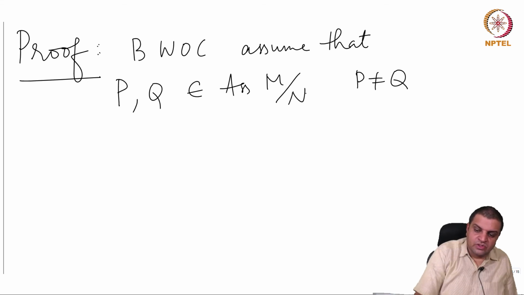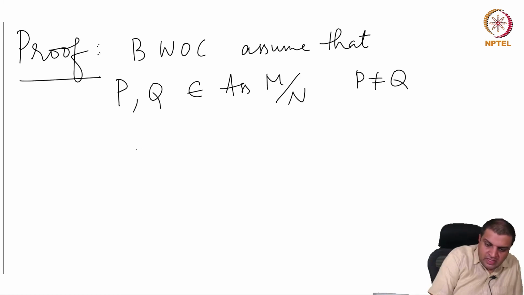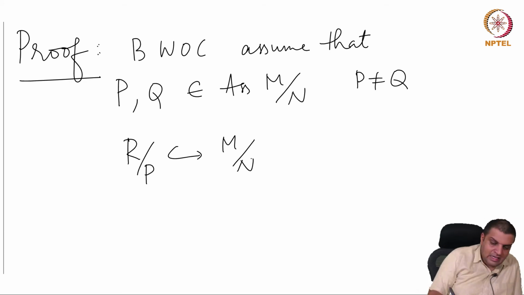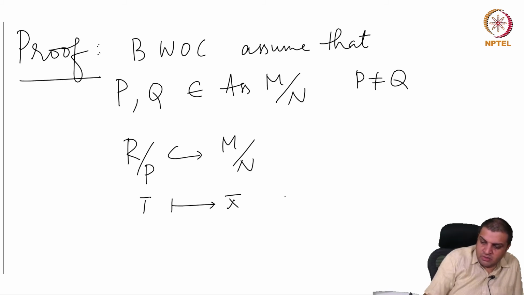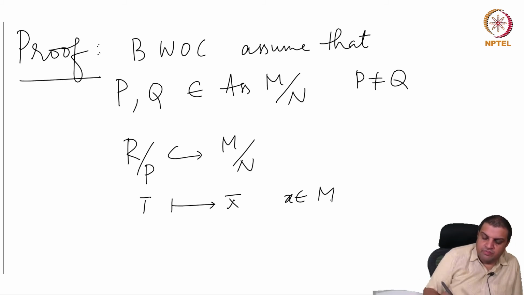So to say N is not primary inside M is to say that it has at least two elements, I call them P and Q. Okay. Then R mod P injects into M mod N, and let us say that the map sends 1 bar to some x bar where x is inside M, but not in N.